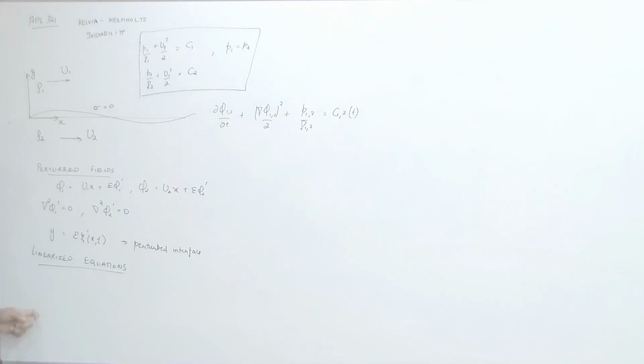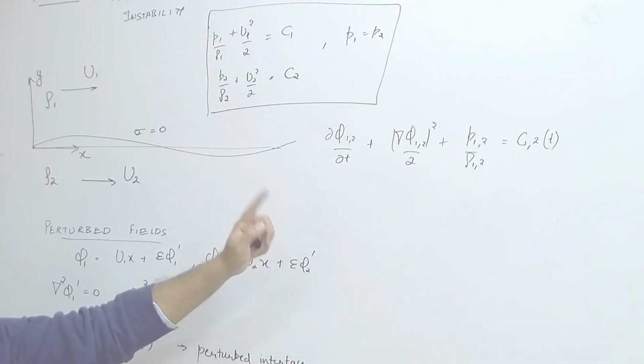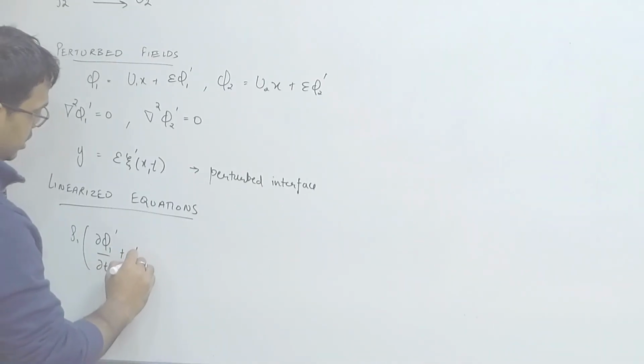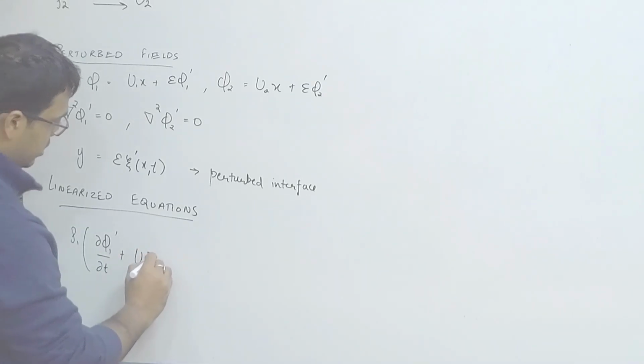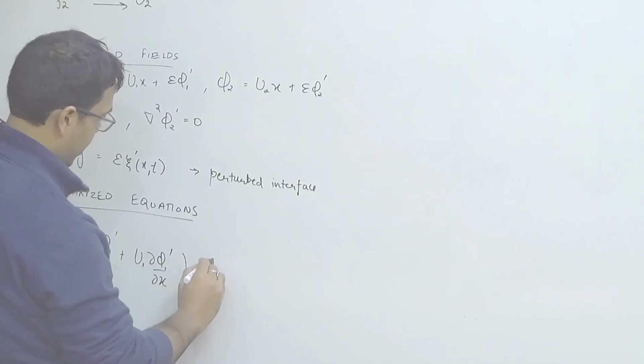Okay, so what were our linearized dynamic boundary condition when we put that P1 plus epsilon P1 prime, P2 plus epsilon P2 prime, and then we linearized? What did we get? Rho 1 del P1 prime by del t plus U1, same thing, right?